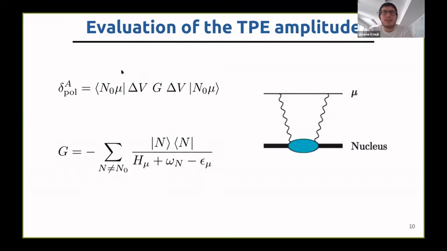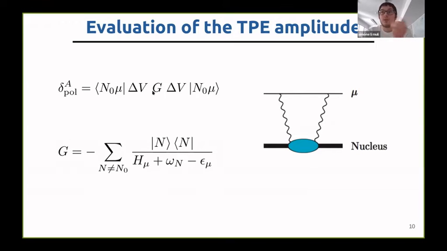So as we do that, the correction coming from this two-photon exchange amplitude can be expressed in this way. We are working in second order perturbation theory, so we have two insertions of the perturbation plus a Green function.